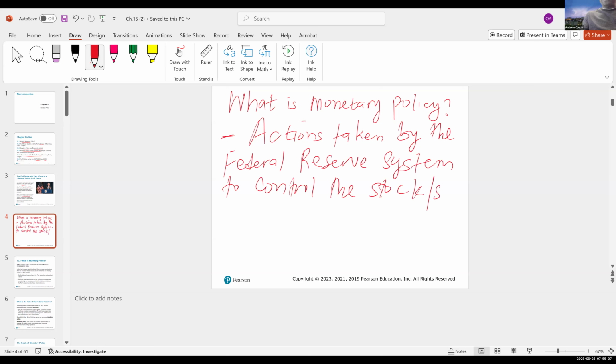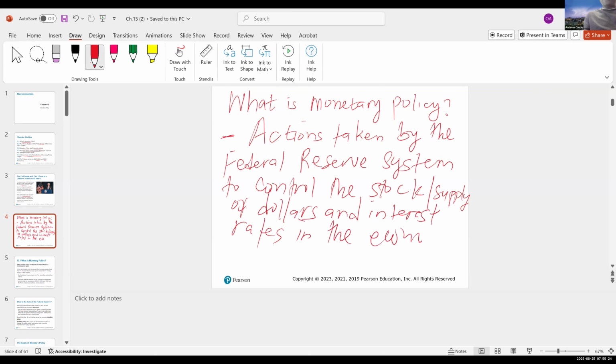You can say stock, or you can say supply of dollars, and interest rates in the economy. So the Fed has got some tremendous control over the interest rate. Okay. So when the Fed changes interest rate policy, those are actions that are taken by the Fed. So we call those monetary policy.